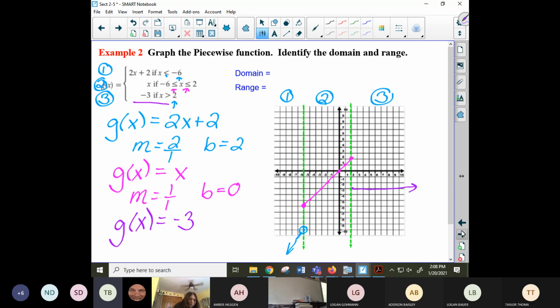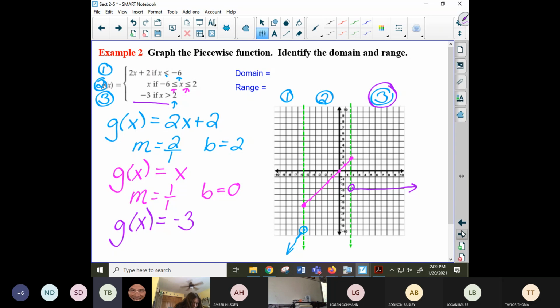Okay, and I know I just want to be in region 3, so I'm going to start it right at this point, but I have to think about that point right on the green line. Should it be open or closed? What should it be? Open, good. Okay, so that's my graph.